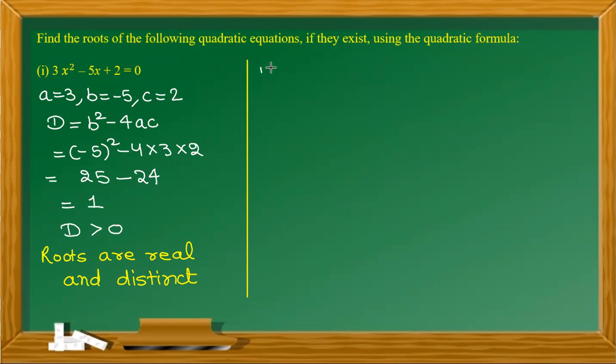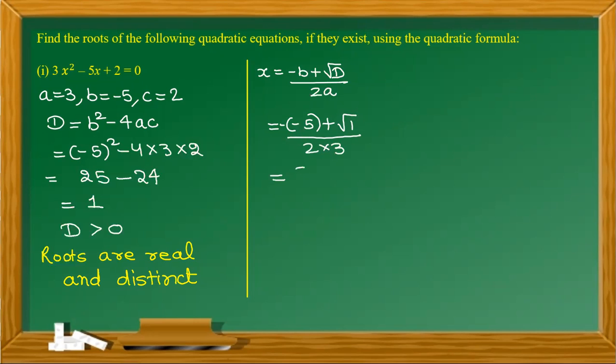Now, the first root is given by x is equal to minus b plus square root of D divided by 2a, which is equal to minus 5 plus square root of 1 divided by 2 multiply 3.